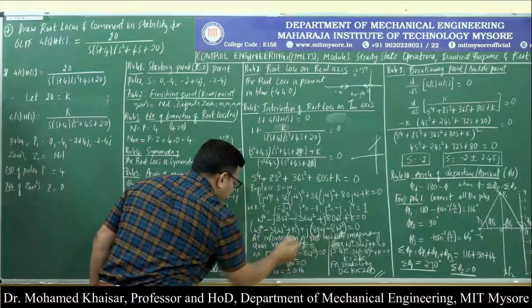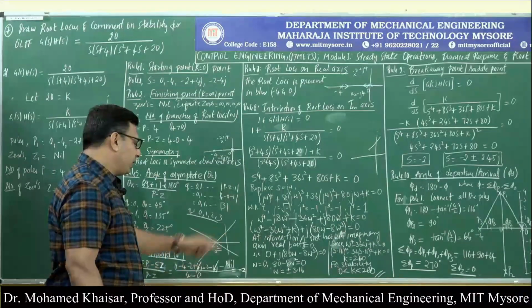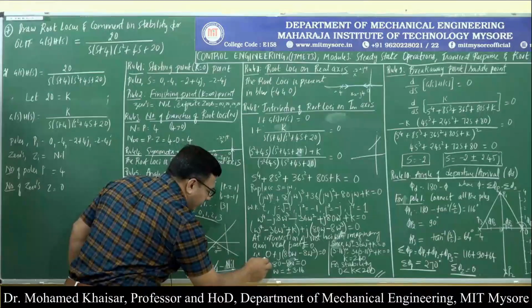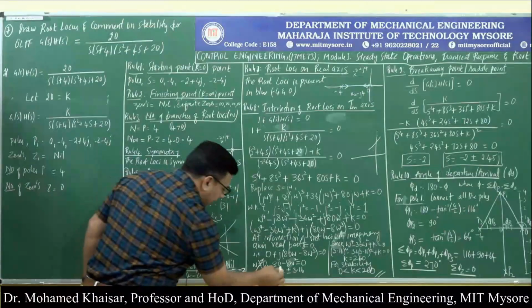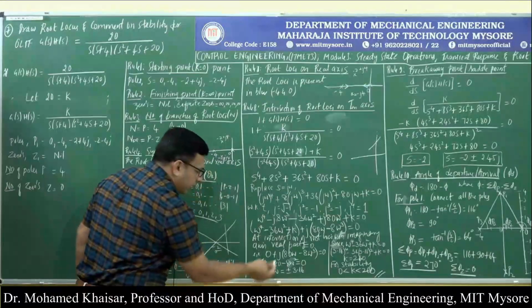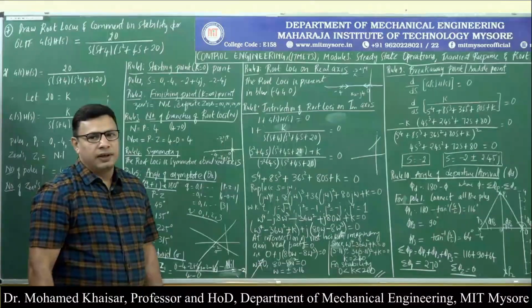Therefore, what does this equation become? 0 plus j into (80 omega minus 8 omega cubed) equal to 0. If you further simplify, we get omega equal to 0, which is to be cancelled, and 80 minus 8 omega squared equal to 0. Thereby we will get omega equal to plus or minus 3.16.